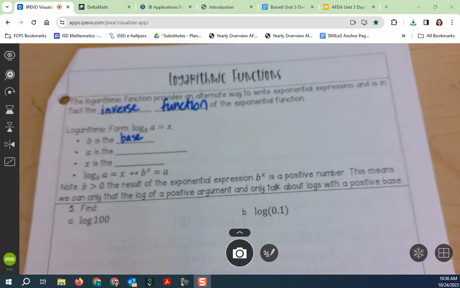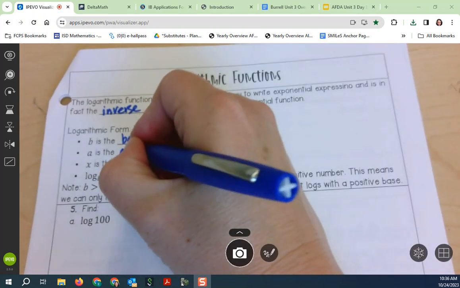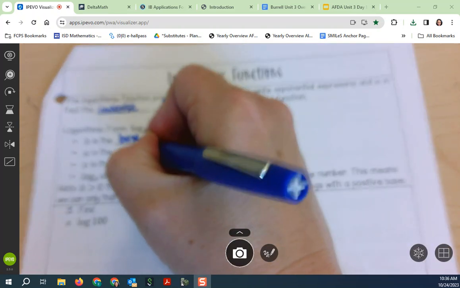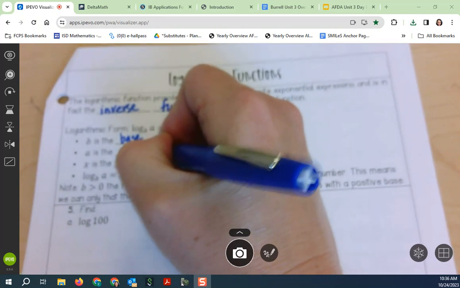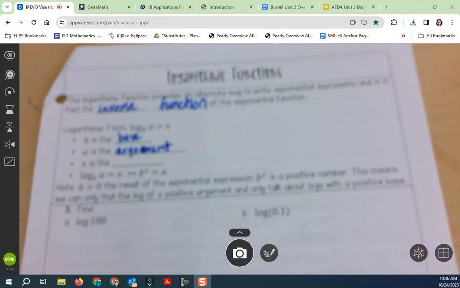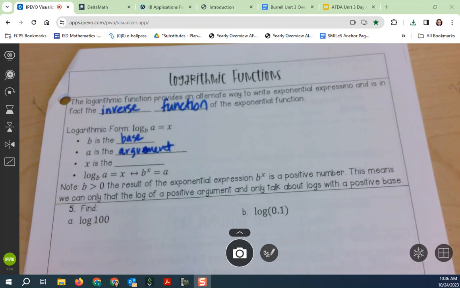A is called the argument, but a lot of people just don't use a word for a. X is just the result.